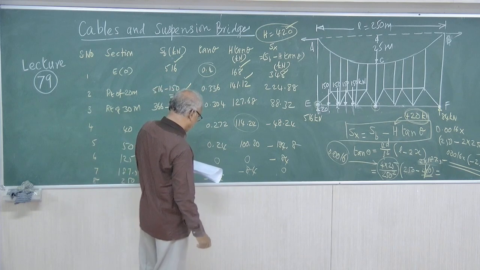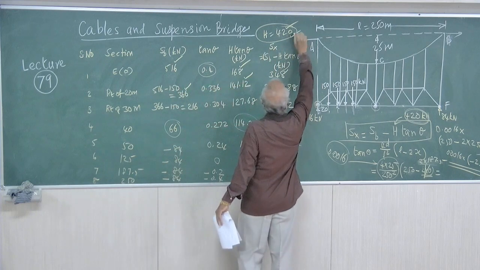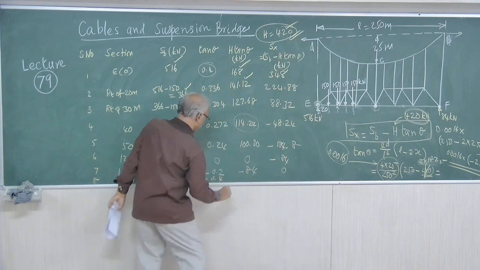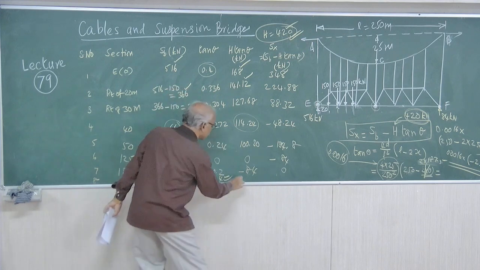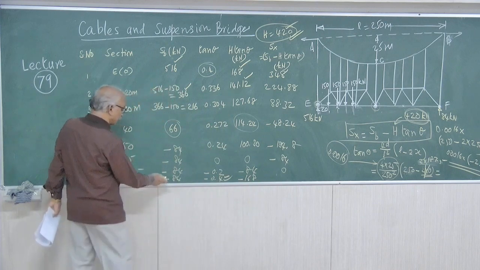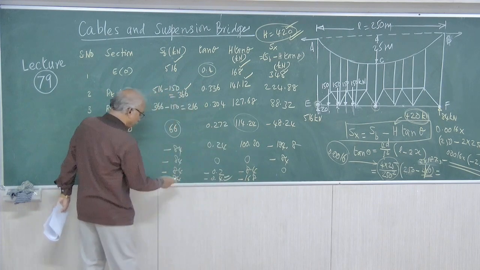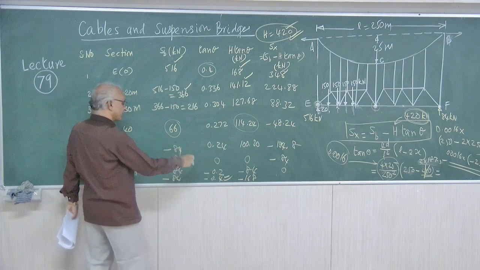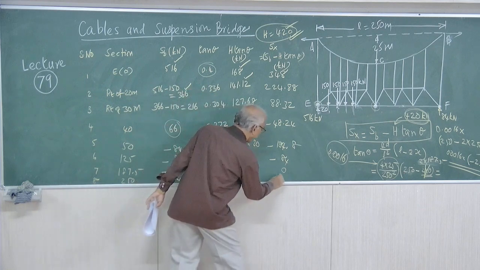Minus 0.4. And H tan theta, H is 420 into 0.4, equal to minus 168. So here it is minus 84. This is minus H tan theta. So minus 84 minus of minus 168 will be plus 84.